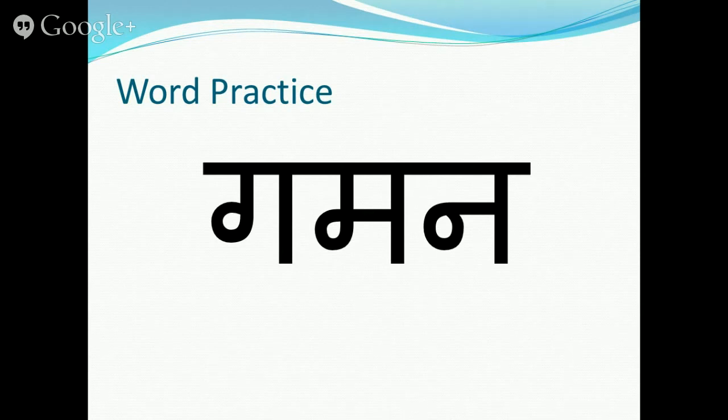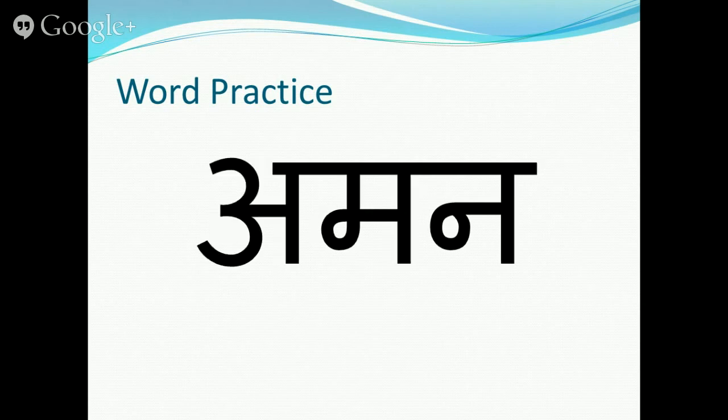This is ga followed by ma followed by na. Gaman. So here we see an interesting thing: now, because a is at the beginning of the word, it's not after another consonant, now we write its full form.